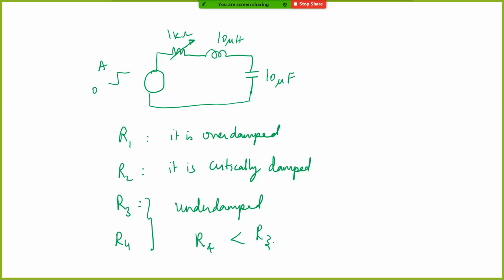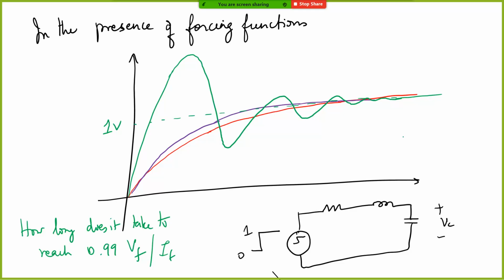So two cases of underdamped, where one is more underdamped than the other. Now you see how your VC of t behaves. Just by changing this resistor value, you will see certain changes in all these different parameters.